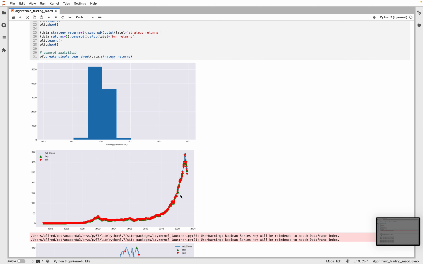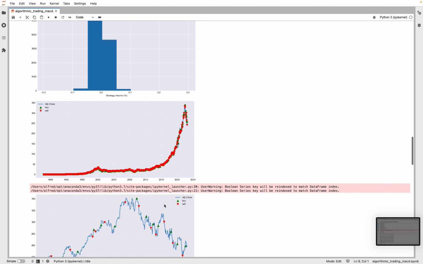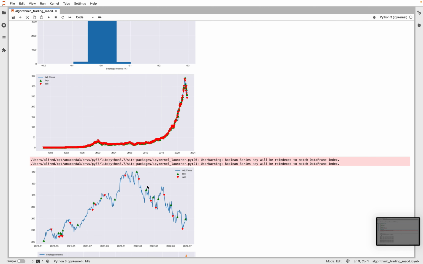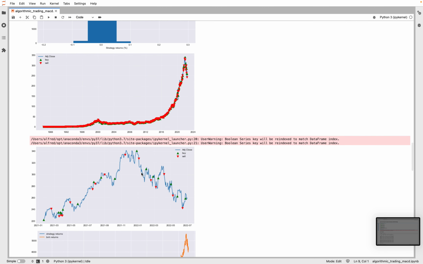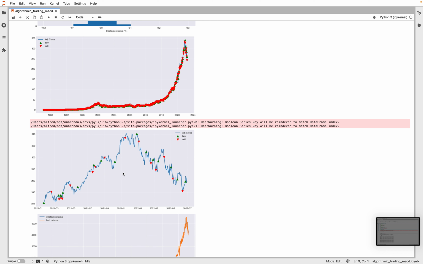For the plot, there are a lot of trades. However, if we look closely at the buy and sell overlay on the adjusted close price, it doesn't really make sense, because we have a few buy signals at the low point, and we have a few sell signals at the low point also, right?